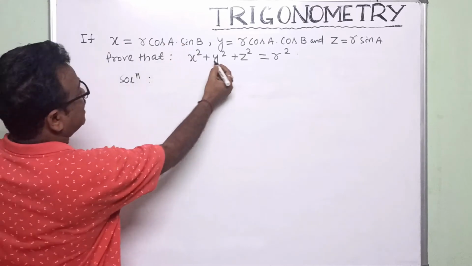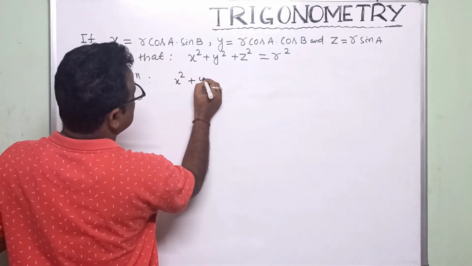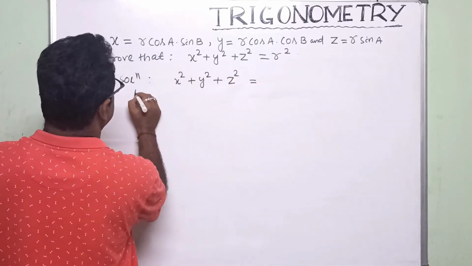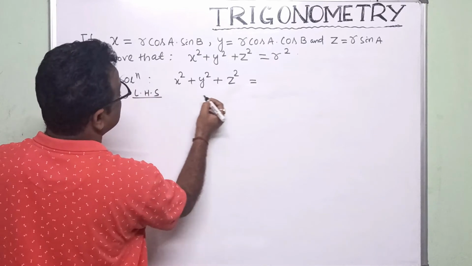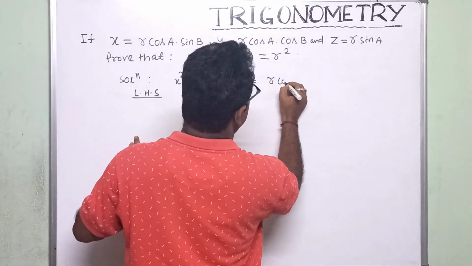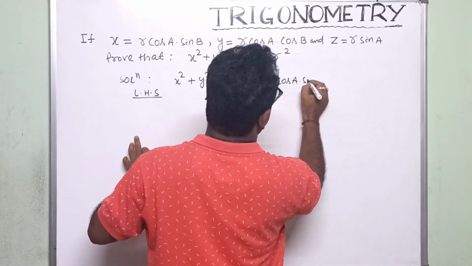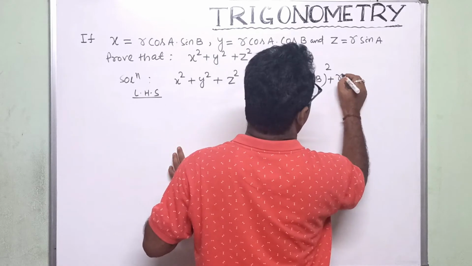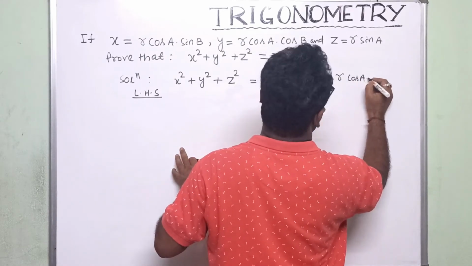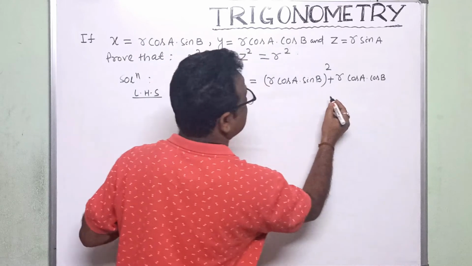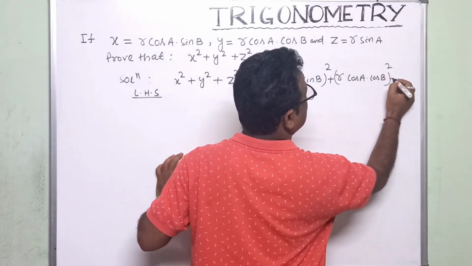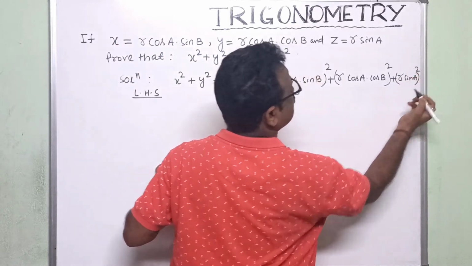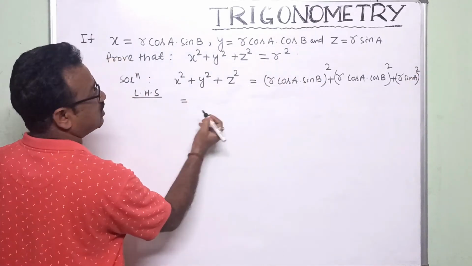See, given x square plus y square plus z square is equal to LHS. So this is your LHS. So that is equal to your r cos a into sin b whole square plus r cos a cos b whole square plus r sin a whole square. Okay, that is equal to your how much?